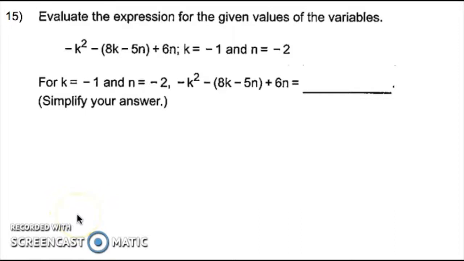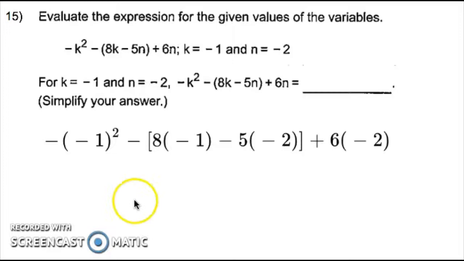Going to number 15. We are evaluating the expression for the given values of the variables. So we're going to substitute in negative 1 for k and negative 2 for n. I'm going to use brackets to include my parentheses within parentheses. So doing the exponents first, negative 1 squared becomes 1, which then you make a negative from the outside negative.